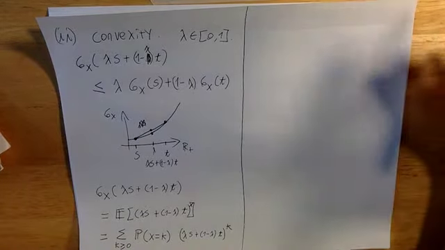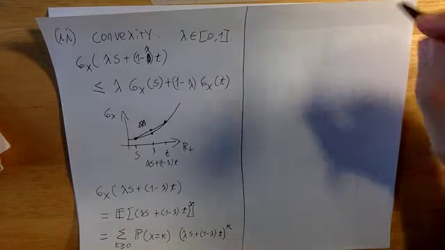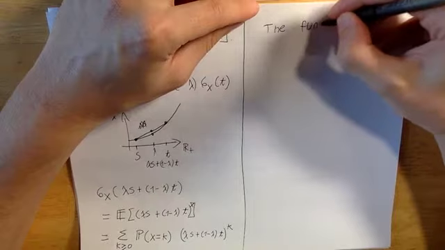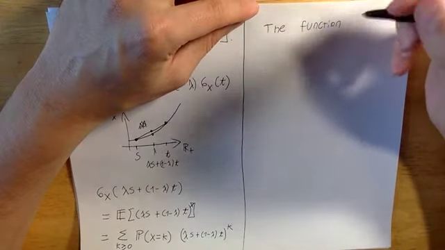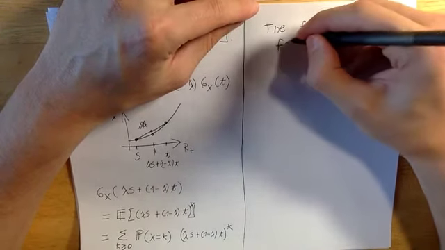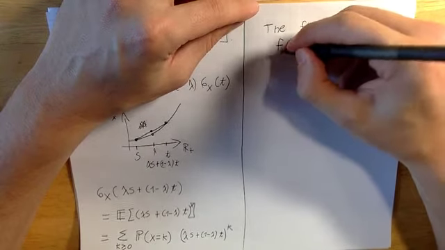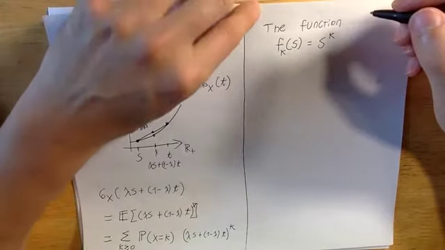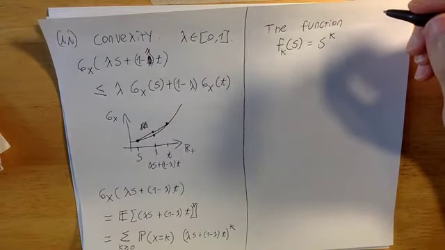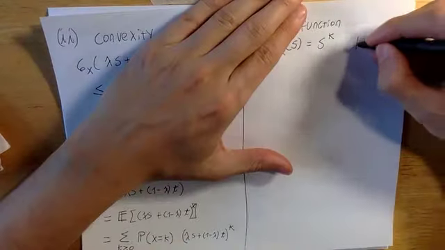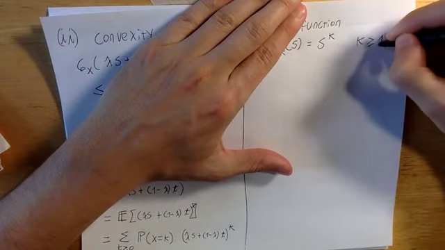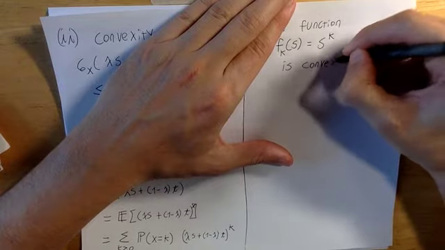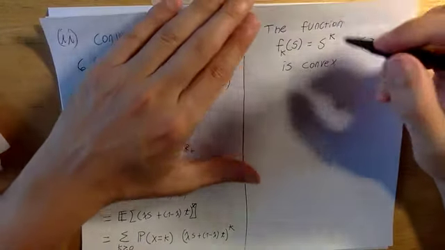But now the idea is that the function, let's say f k of s equals s to the k with k bigger or equal than 1 is convex. Okay, the way that you can check this is by taking the derivative.